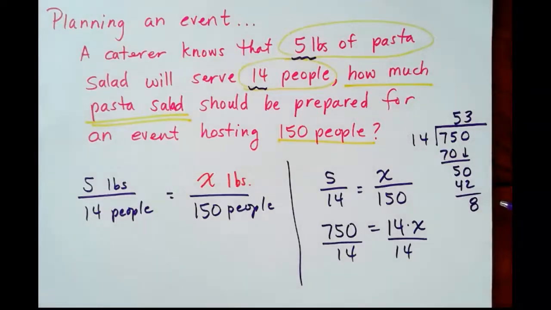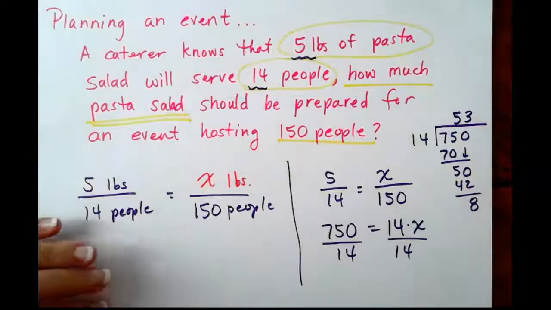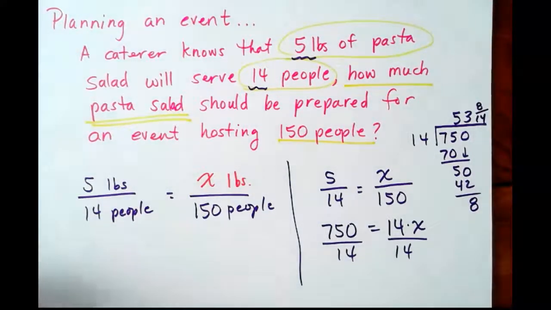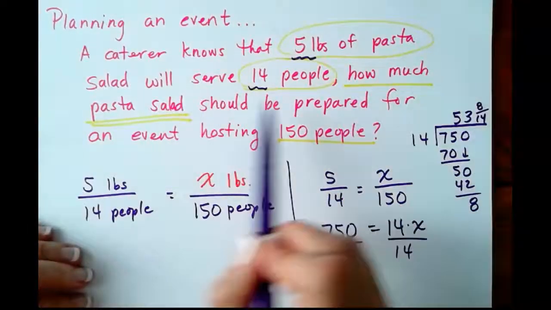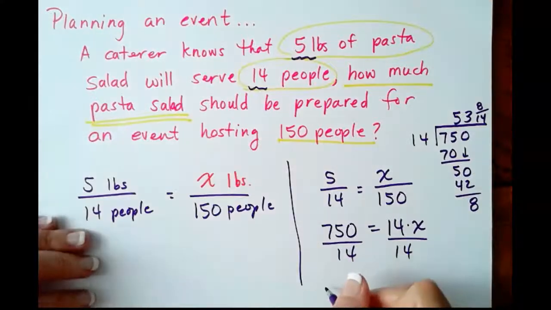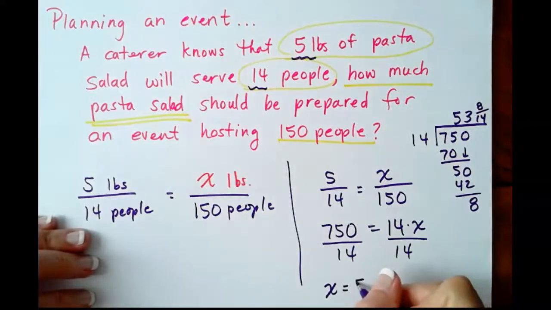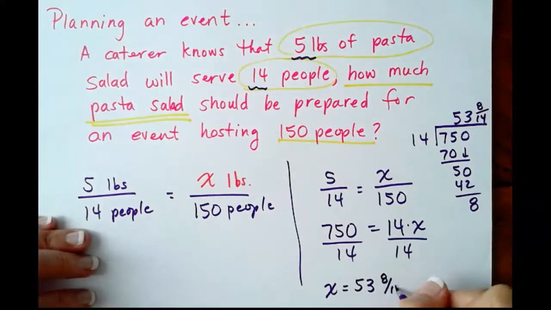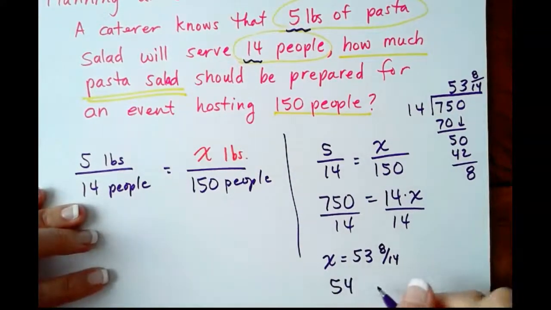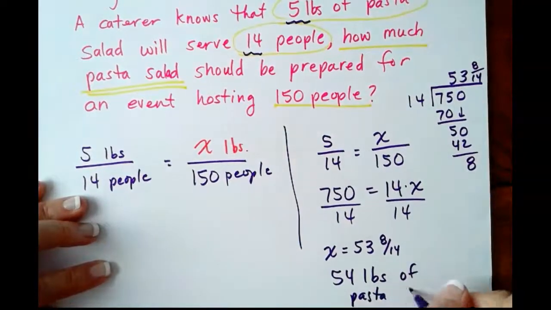If the caterer only prepares by the pound, are we going to ask the caterer for 53 and 8/14 pounds? No. If we want to know how much pasta salad should be prepared, we need to say if x equals 53 and 8/14, we need to ask the caterer for 54 pounds of pasta salad.